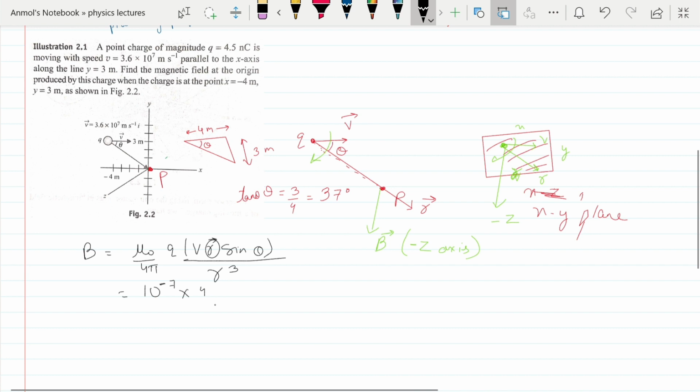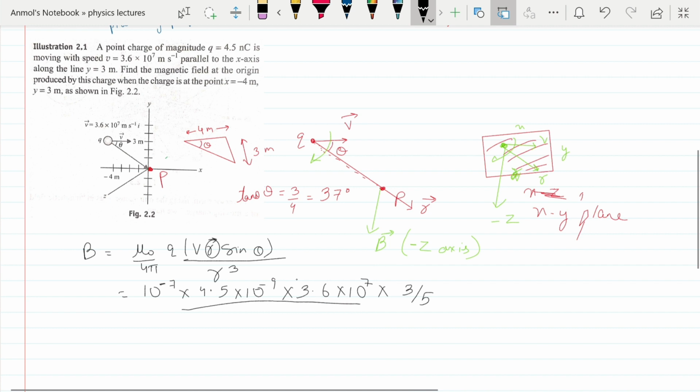Q is 4.5 into 10 to the power minus 9, into V. What is the V given? 3.6 into 10 to the power 7, into sin theta. Sin theta in this case will be 3 by 5, by R square.